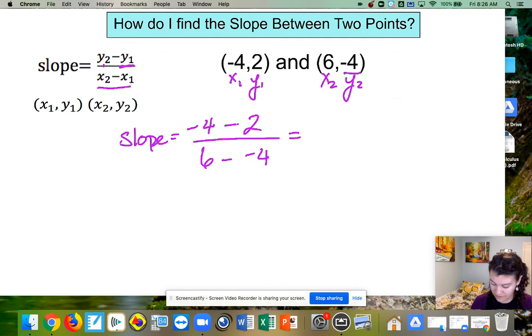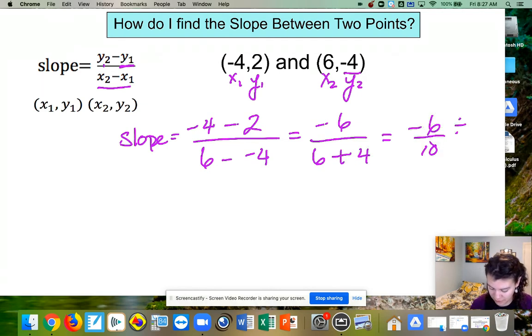And then you want to simplify this down. So negative 4 minus 2 is going to be negative 6. Here we have a negative times a negative, so being negative becomes plus, and you'll get negative 6 over 10. Now at this point you want to simplify. I can divide both by 2, and you'll get negative 3 over 5.